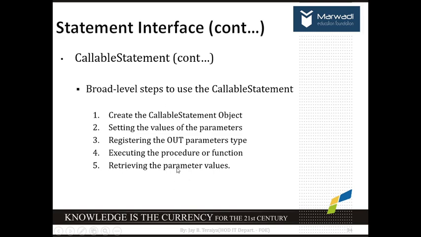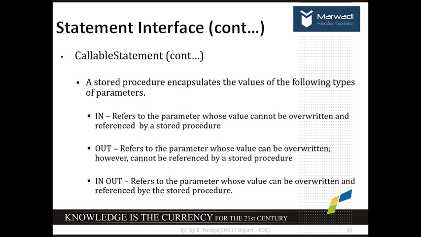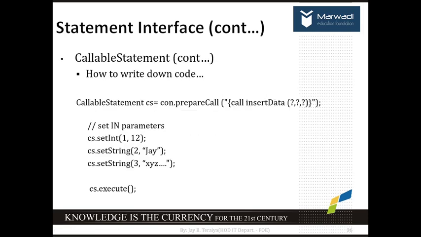We are going to load the driver, establish the connection, and then, instead of a statement object or a prepared statement object, using the connection object we will create a callable statement object. Something like this: CallableStatement cs = connection.prepareCall, you can call insert data. Now here you can put three question marks.